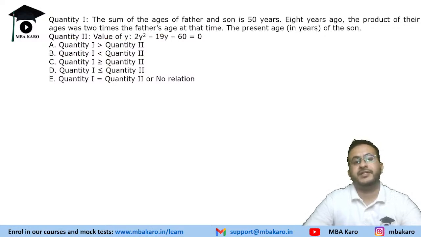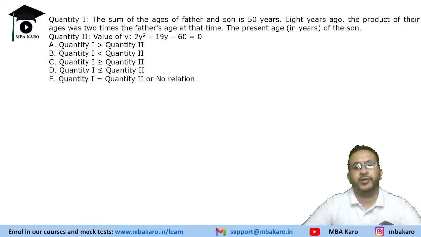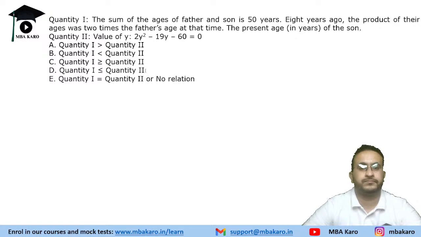The sum of the ages of father and son is 50 years. 8 years ago, the product of their ages was 2 times the father's age at the time. The present age of the son. So you need to find the present age of the son. And the other quantity is a quadratic equation.